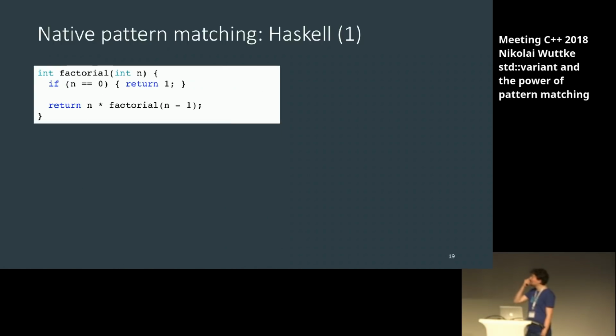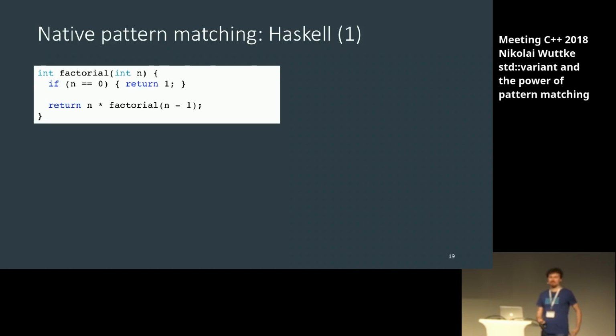This is a very common thing in functional languages especially, and some other modern multi-paradigm languages also have it. So let's look at how this looks in a functional language. This is not Haskell, this is still C++, but it's the textbook example of a factorial function.